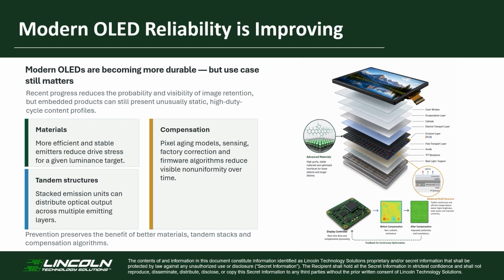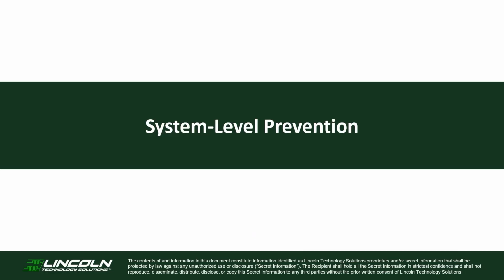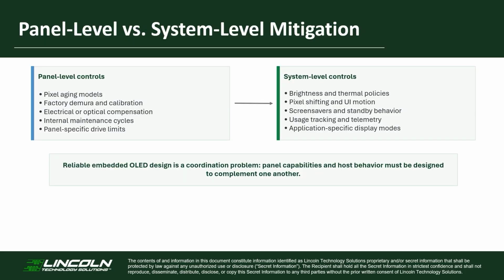In this section, we'll separate the responsibilities of the panel from the responsibilities of the host system, and then look at the practical techniques available to both. The first distinction is panel level versus system level mitigation. Panel level controls can include pixel aging models, factory calibration, electrical or optical compensation, internal maintenance cycles, and panel-specific drive limits.